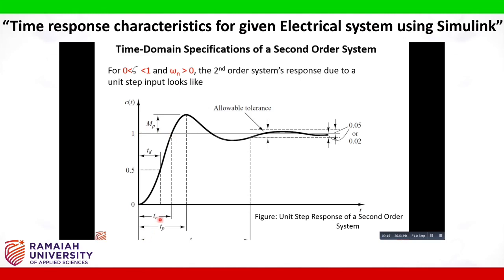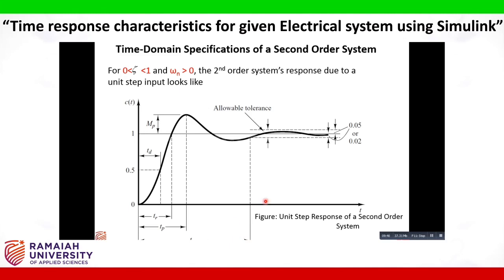This is the peak time. It is the time taken to reach the peak of the response. So this is the tolerance, allowable tolerance for the settling time. And from 0 to this point is the settling time.